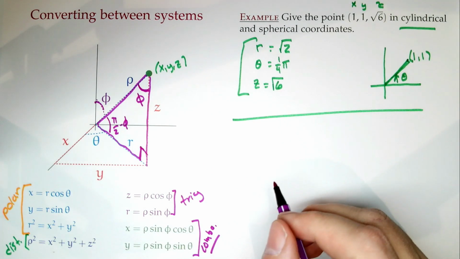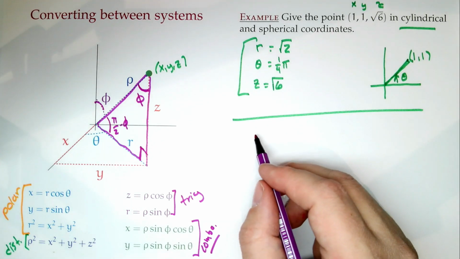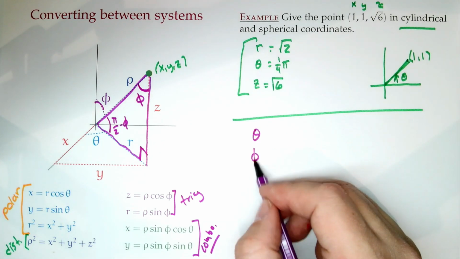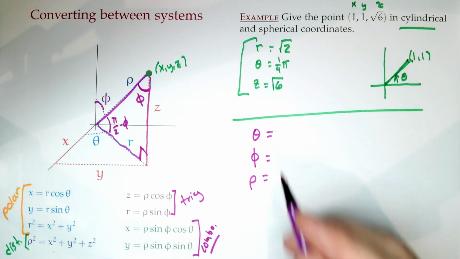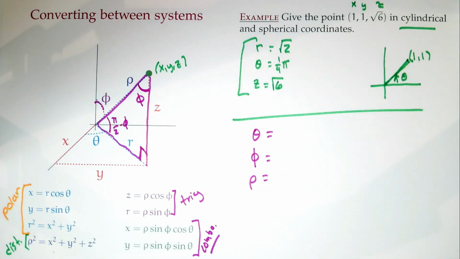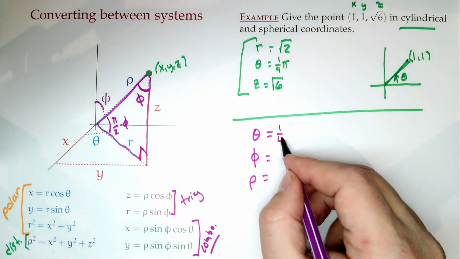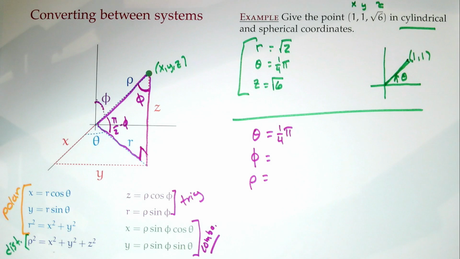Spherical. Well, for spherical, we have theta and phi and rho. Okay, are any of these going to be for free? Theta will be for free. 1/4 pi. All right. Well, let's try one that's not quite for free. What's probably the next easy one? Rho.